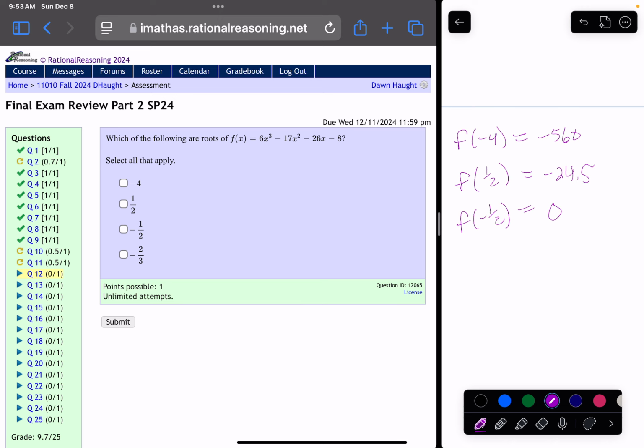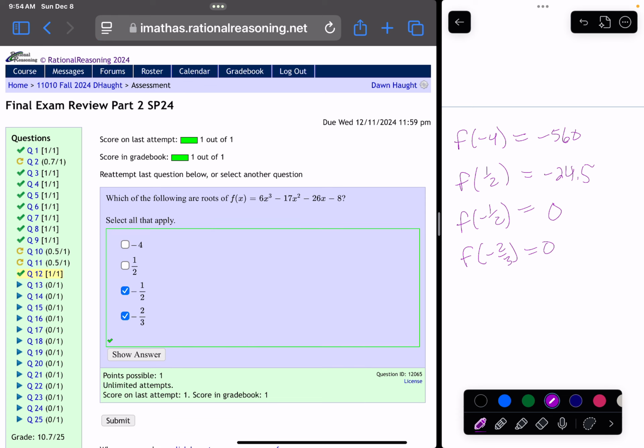So I'm going to click that one, but it could have multiple zeros. That's a third power polynomial. It could have 3 distinct zeros. So let's try one more. Let's try negative 2/3. If you plug in negative 2/3, we get 0 again. So we would check mark both of those.